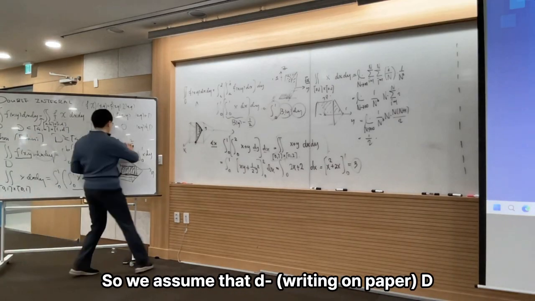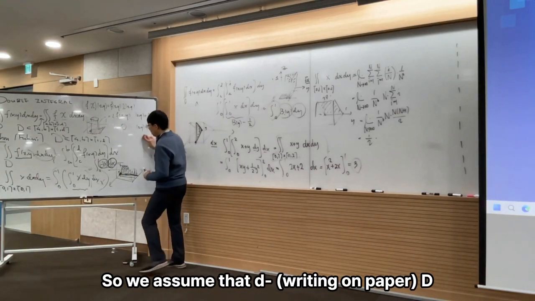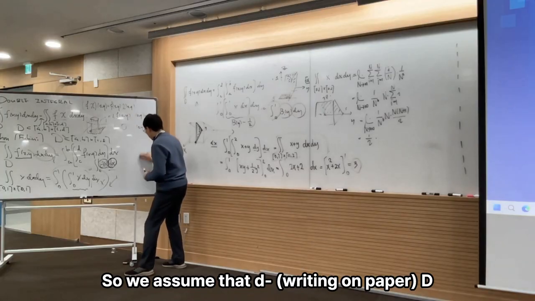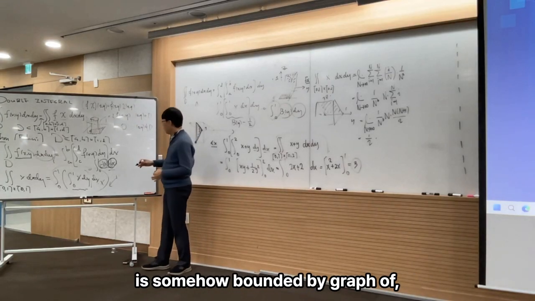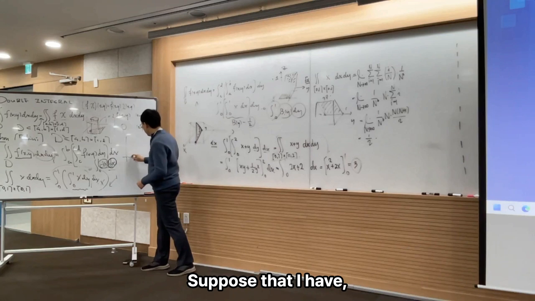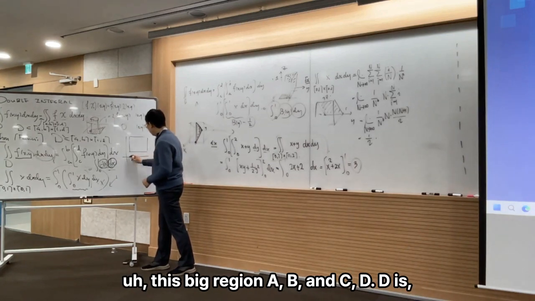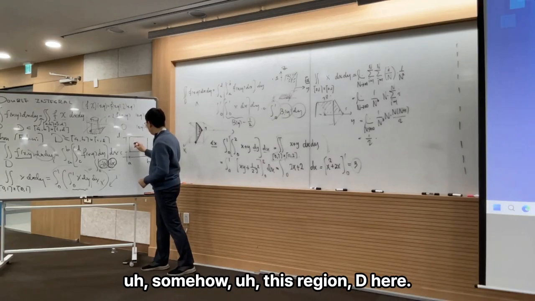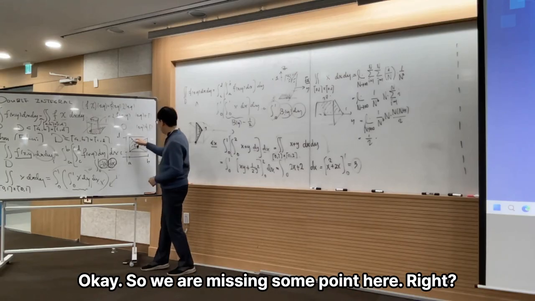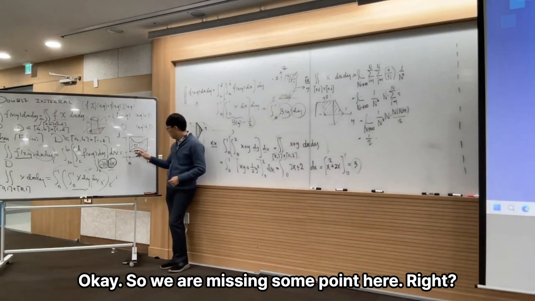So we assume that D is somehow bounded by graphs of one-variable functions. Suppose that I have this big region, A, B, and C, D, and D is this region here. We are missing some points here, right?